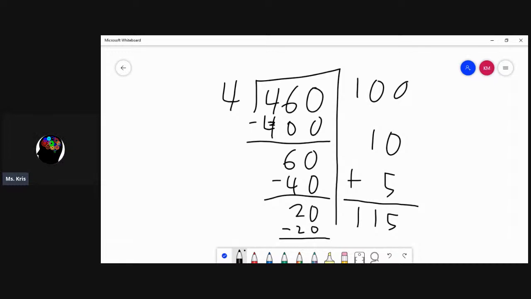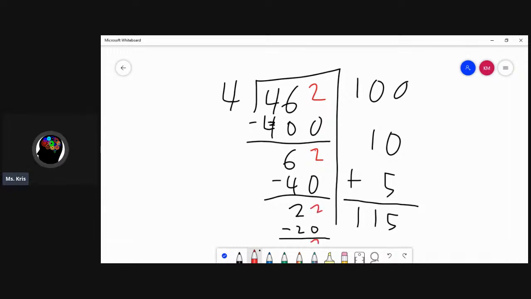Now, of course, does this work also for when it doesn't divide out evenly? Of course it does. So, say for instance, I have 462, and everything I have done so far has ended in a 2.